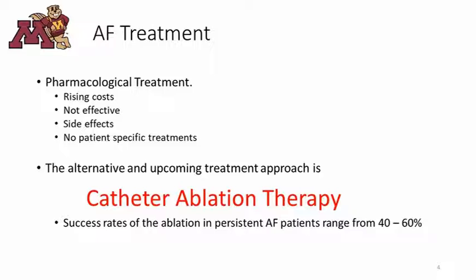In catheter ablation therapy, a scar or a lesion is introduced in regions of atria that contain the origin of abnormal electrical activity. Identification of these active sites is still not very optimal. Therefore, the success rates of the ablation therapy in persistent AF patients still range only from 40 to 60%.